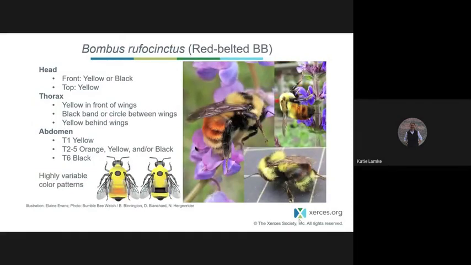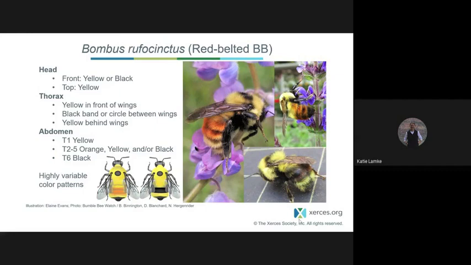Next, we have Bombus rufocinctus, or the red-belted bumblebee. This bumblebee here is one of the ones that has the most color patterns within a single species. But for the most part, the top of the head will be yellow. There will be yellow in front of the wings and behind the wings.